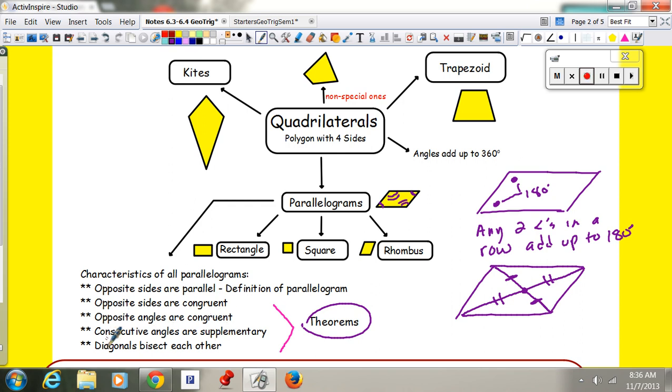If it's a parallelogram, then consecutive angles are supplementary. If it's a parallelogram, then diagonals bisect each other. Those are all theorems that we could say in an if-then statement. We could make a conditional statement for all four of those. Good there? All right, let's move on.